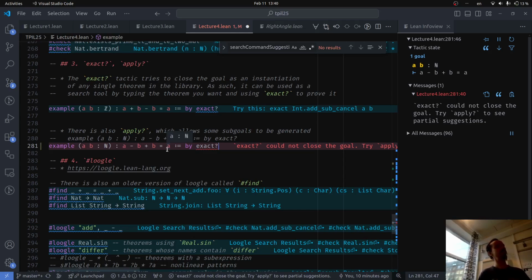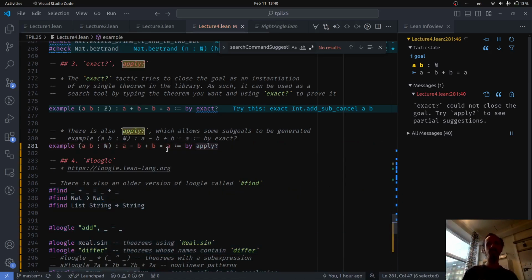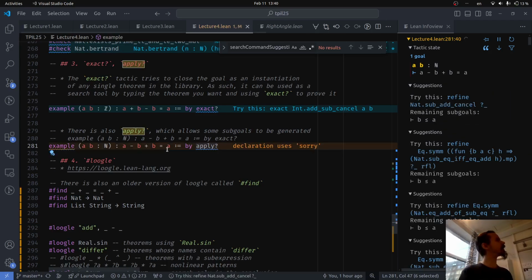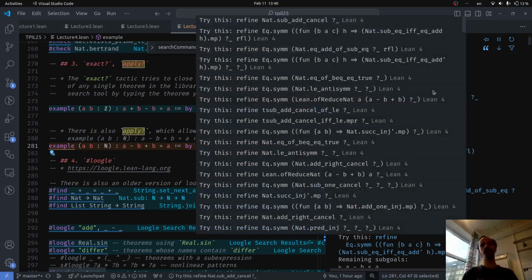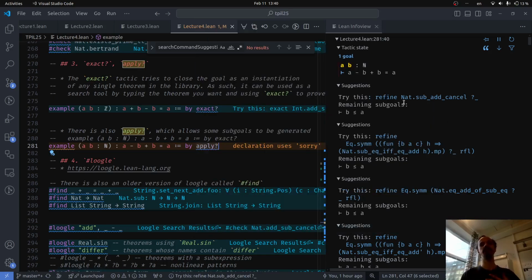So if I take 0 - 1 + 1, I get 1 instead of 0, right? But it is true under some assumptions. Maybe a bigger than b, b bigger than a, I'm not sure exactly. So if I use apply?, it will try to find a theorem that almost solves my goal. In this case, it found Nat.sub_add_cancel, and there's a sub-goal that b ≤ a, because under this assumption, this theorem is true.